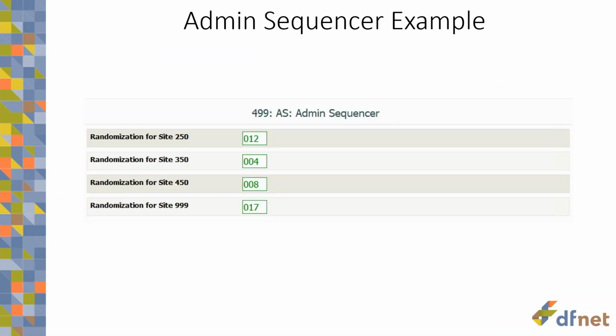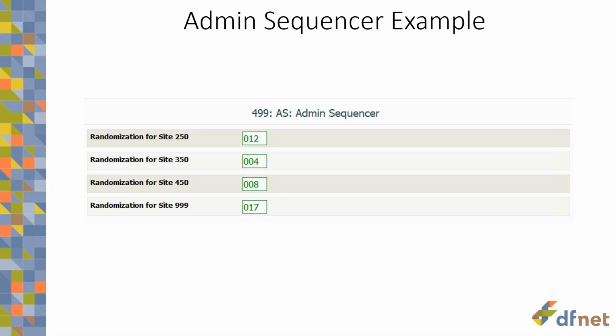The next component is the admin sequencer. So this is a form, in our case, we use an eCRF that has just a few values that points to which sequence of each lookup table we are looking at. So in this case, for this study, we have it set up that there's 4 randomization lists, and there's a different one for each site.